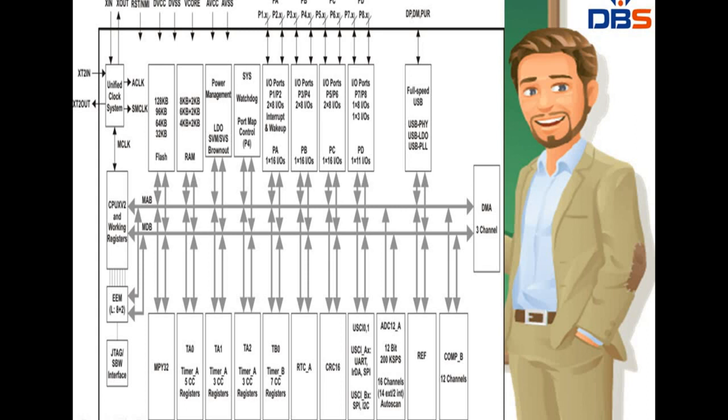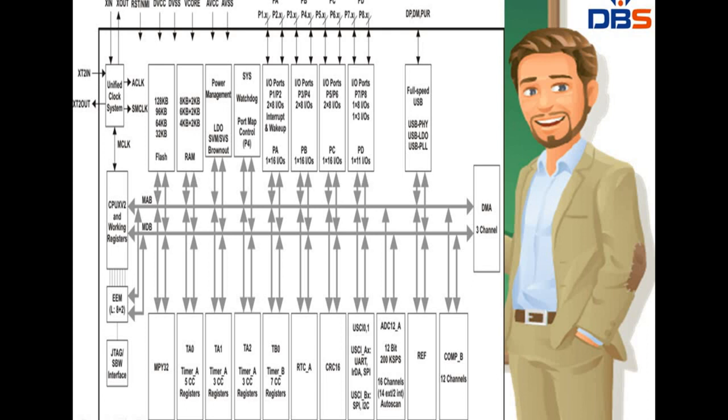And coming to the ADC12A, that means analog to digital converter. Here it is a high performance analog to digital converter, and this module implements a 12-bit SAR core and a sample select control, and also a 16-mode conversion and control buffer, which is used to convert the given analog input into a digital one.